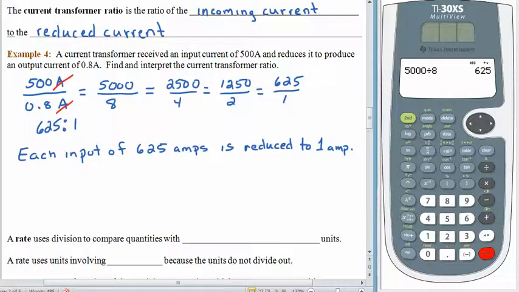The other thing it tells you, since the denominator is 1, is that the incoming current is 625 times larger than the reduced current.